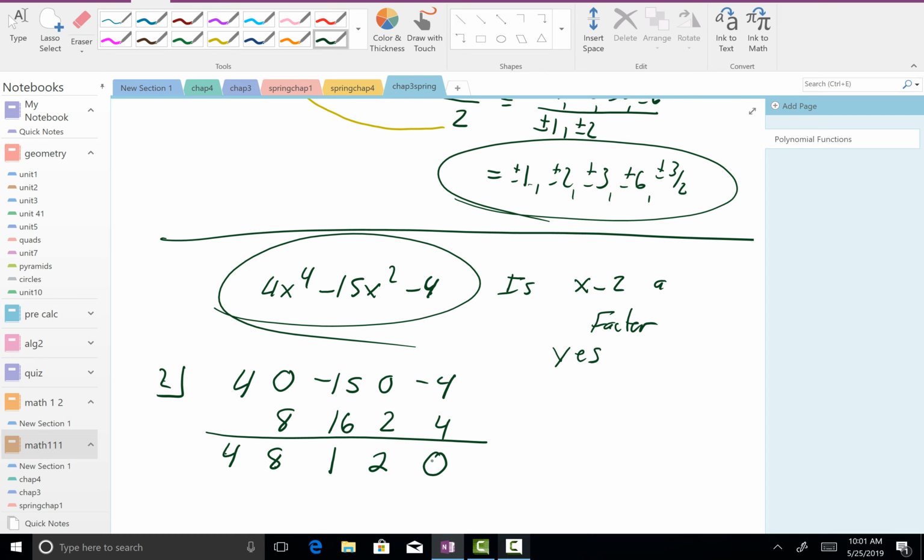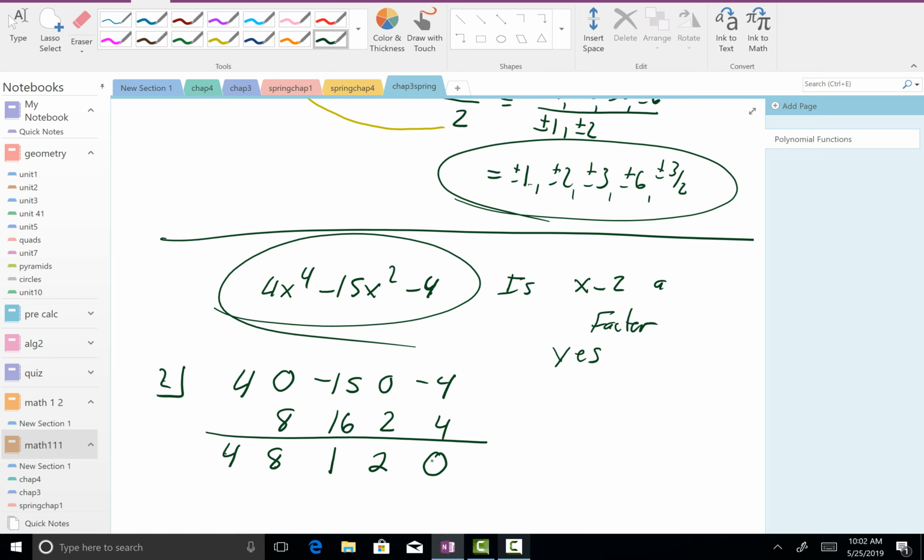What did I give you on those, that section? 45 through 50? Okay, good. So I skipped the Descartes' rule of signs. I skipped the possible zeros. So 45. Okay. So let's look at some of those.